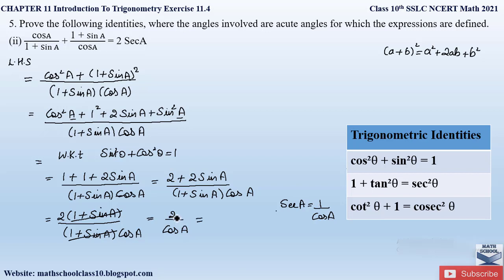So therefore 2 by cos A can be written as 2 secant A. So this will be equal to right hand side of our equation. And so hence we have proved that left hand side is equal to right hand side.